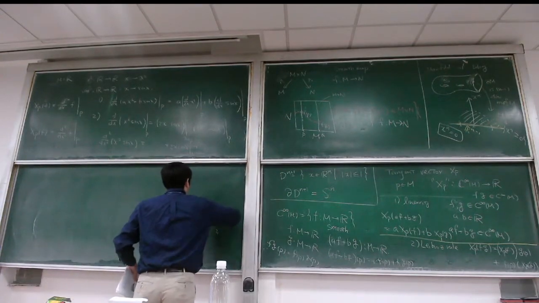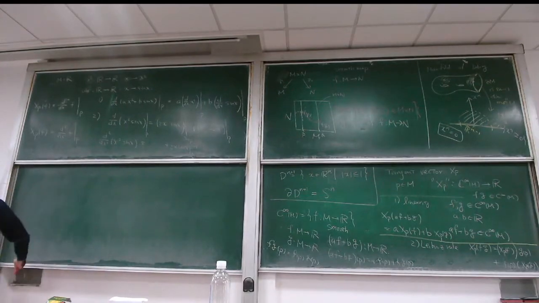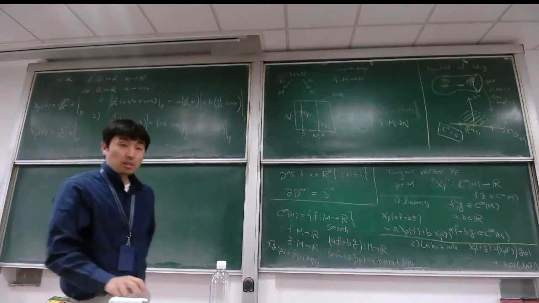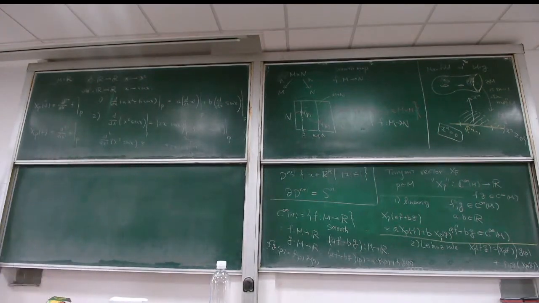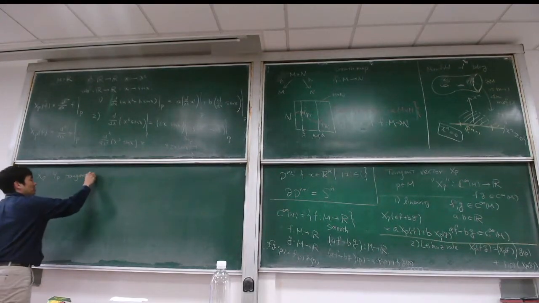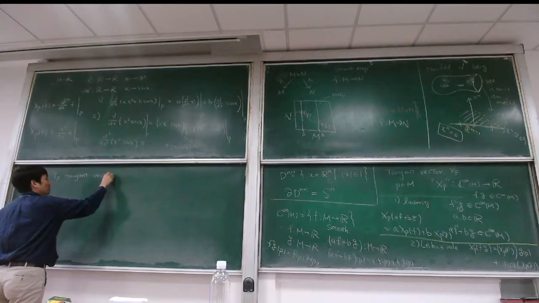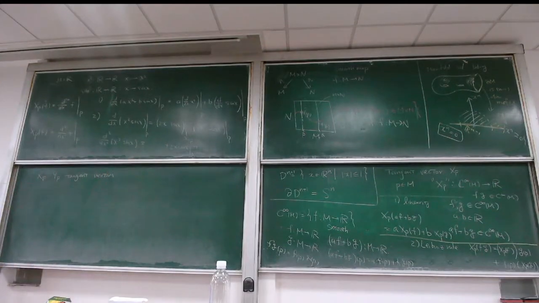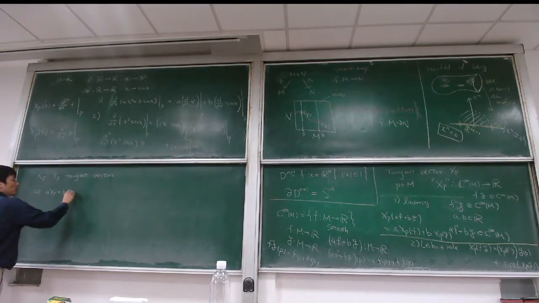Furthermore, the tangent vectors form a vector space. Given Xp and Yp, both tangent vectors, then a Xp plus b Yp is also a tangent vector.